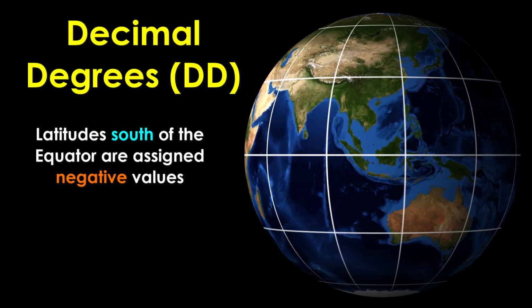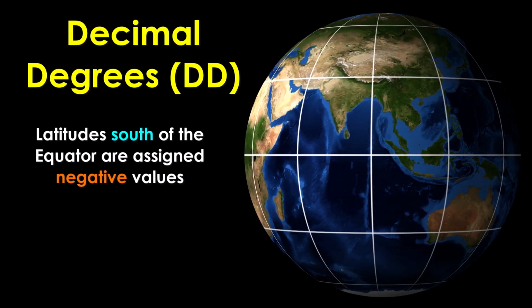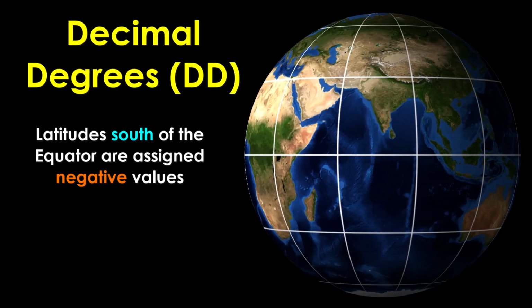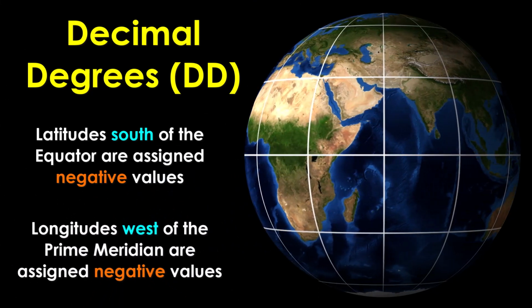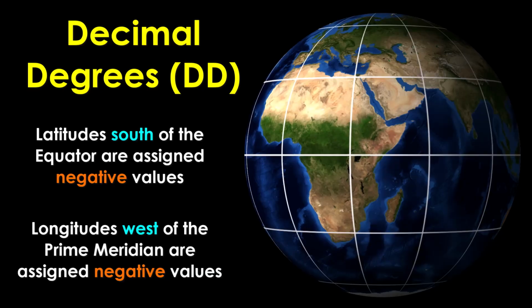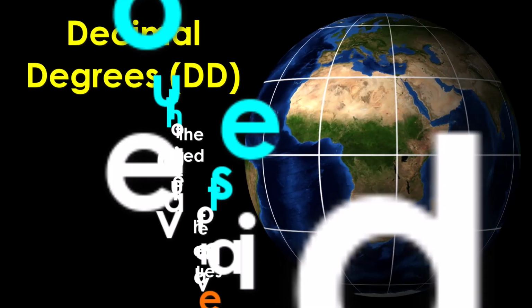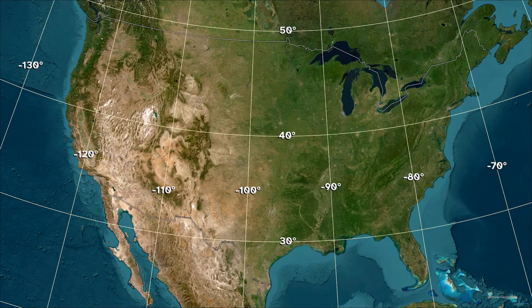For latitude, locations south of the equator are assigned negative values. For longitude, locations west of the prime meridian are also assigned negative values. Coordinates in the United States, for example, use negative longitude values because the country is in the western hemisphere, and positive latitude values because it is in the northern hemisphere.